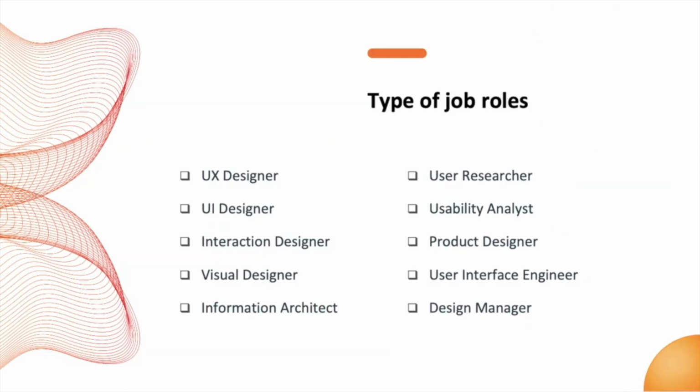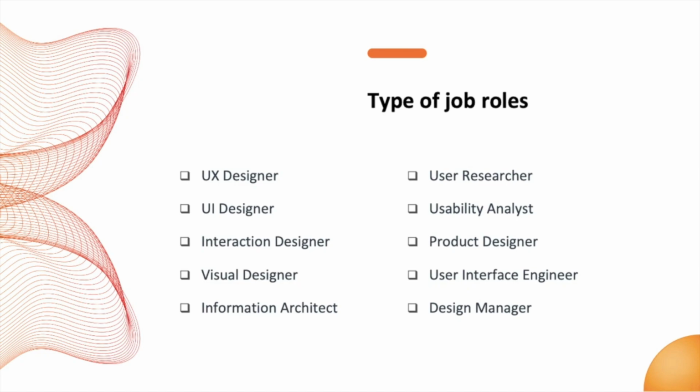So these are some of the major job roles that are standardized across the industry and that are available for you. So UX designer, who is more concerned with the UX part, like a UI designer is more concerned with the UI part. Interaction designer is basically a more advanced version of the UI details like animations, transitions and all. Visual designer is also related to the UI parts.